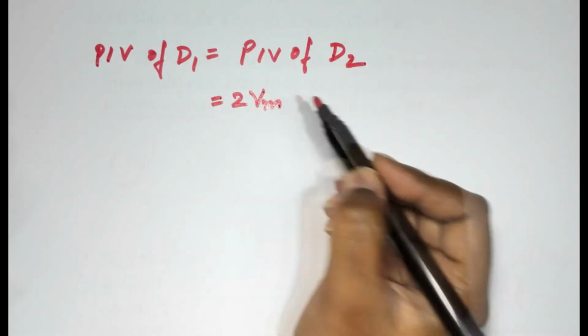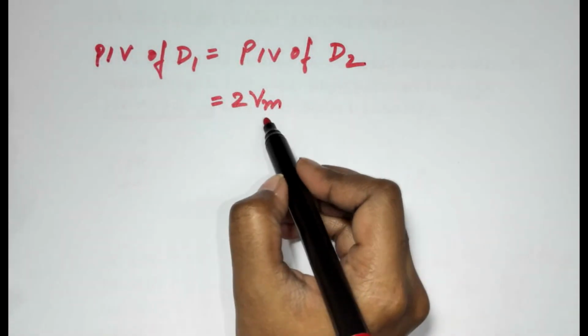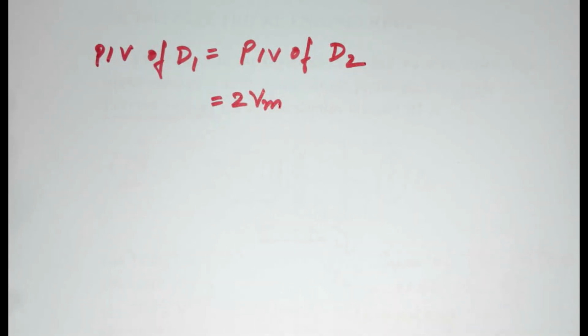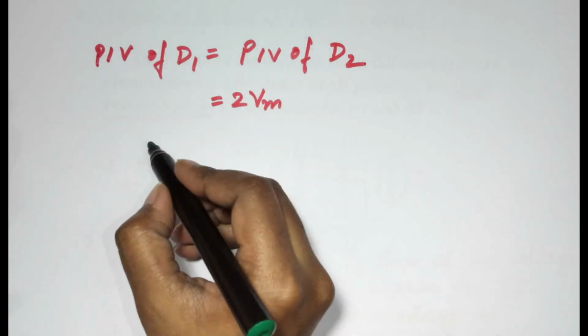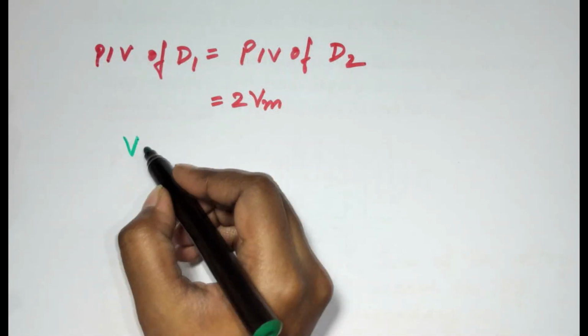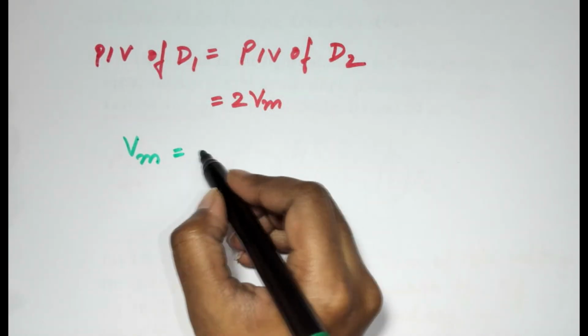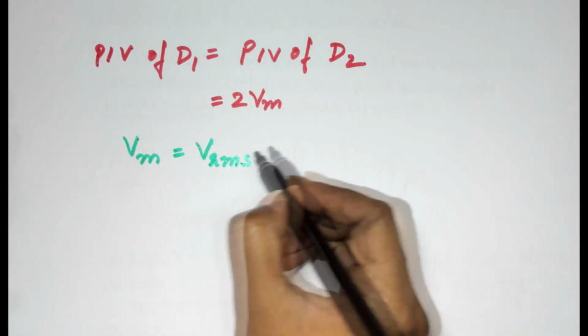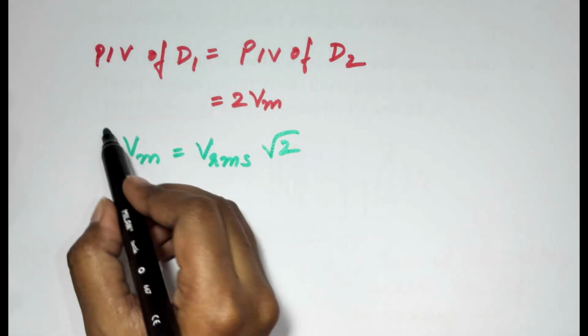Okay, so in the question over here we have been given the RMS value, 230 volts RMS. So in order to find the peak value, we know the formula that V peak or VM is equal to V RMS times root 2. This is the formula.